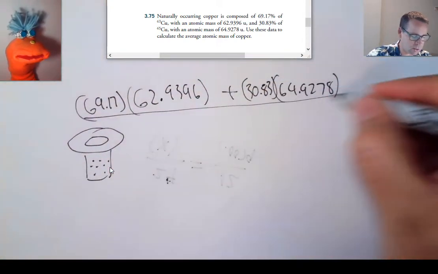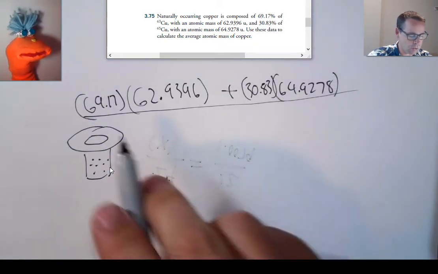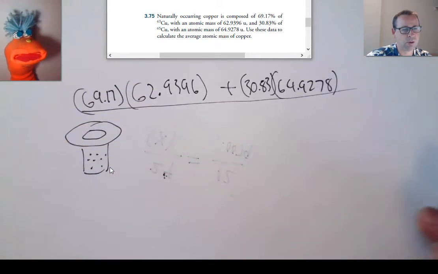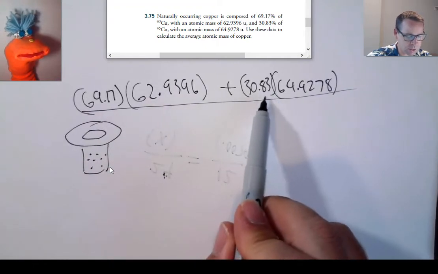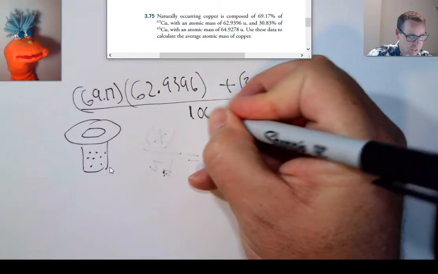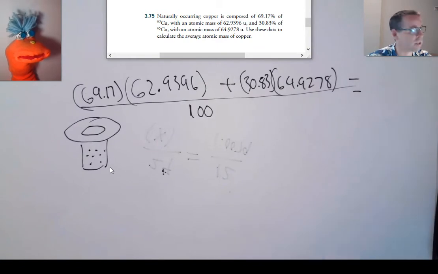So I'd have to divide this all by what? By 2? No. I pulled out of the hat how many times? I don't know. Well, see, I pulled out 69.17 times this and 30.83 times this. So the sum of these two, which is 100, is what I have to divide by. So that will give me the average. Does that make sense? Yeah, okay.